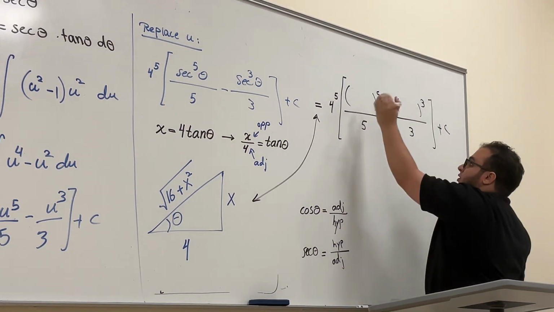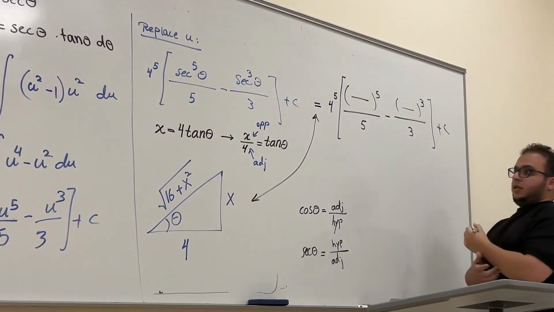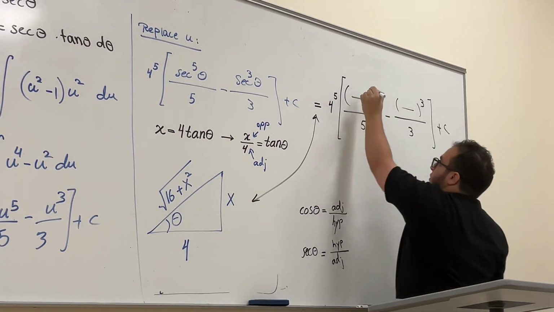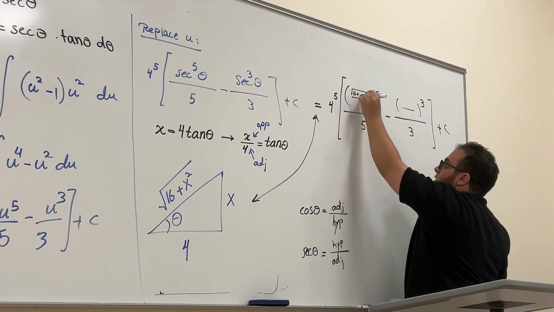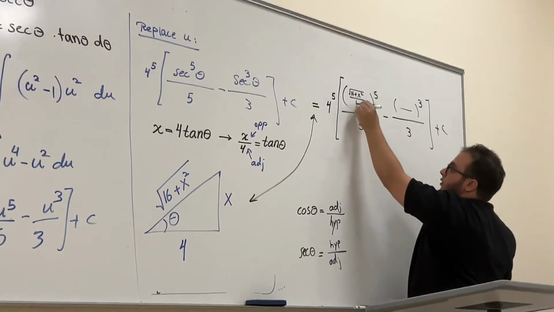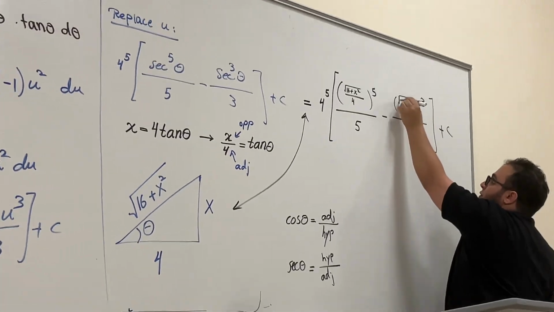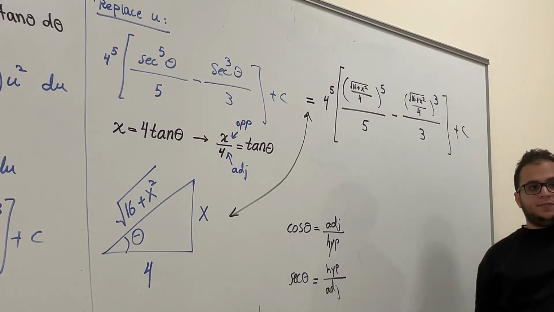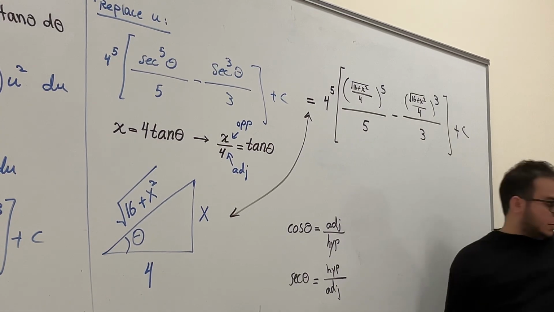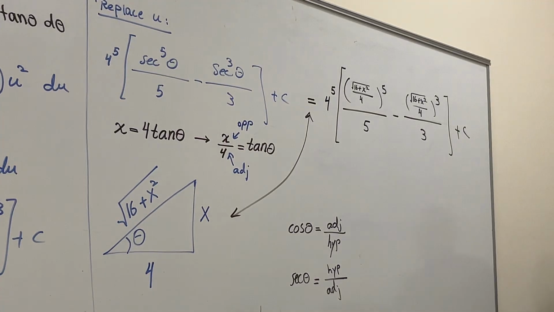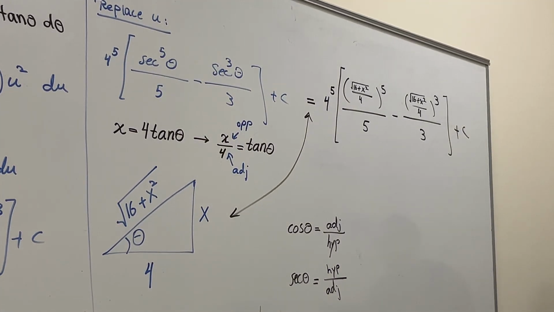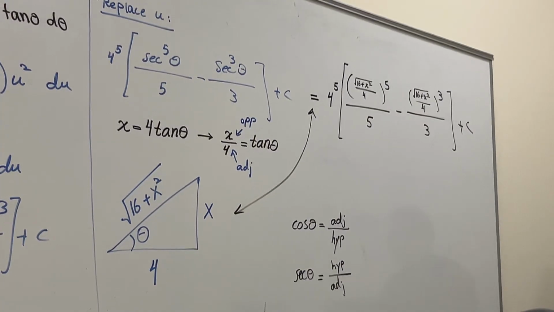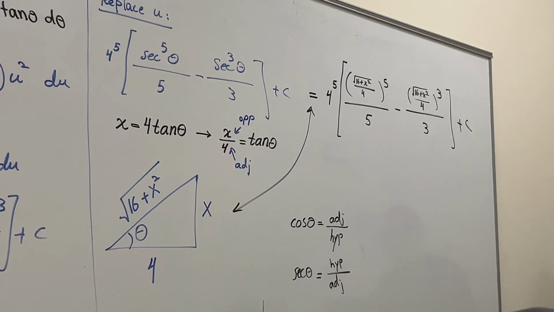So in every fraction here I put hypotenuse over adjacent, because my answer is the secant. So what's the hypotenuse? The root guy. And the adjacent is 4. And that's it. It's extremely long.